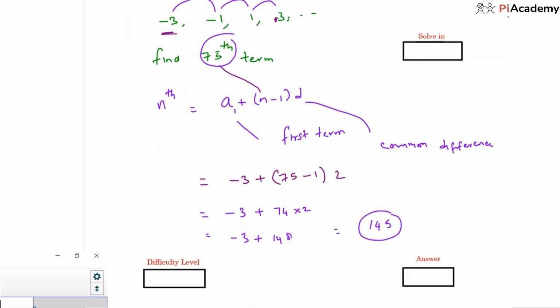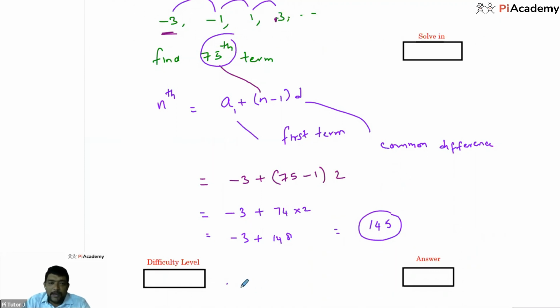Yes, sir. Now, can you find the nth term for this? I mean, just the nth term. It's 2n minus 5. Yes. Good. Wonderful. So a1 is -3. For finding the nth term, basically what you do is, in the place of n, you just put n.